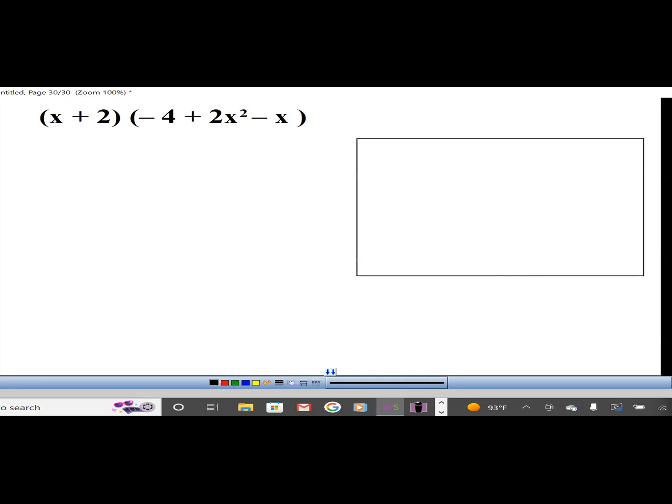Help me set this up, please. Kayla, what do I write here on the side? x, line across, positive 2. Okay, thank you. How about over here on the top? Help me with this, Romo, Diego.